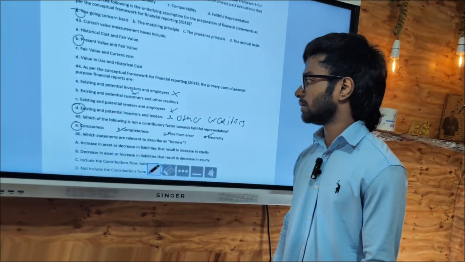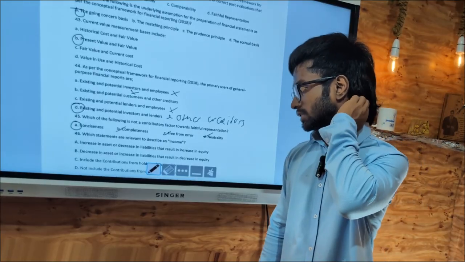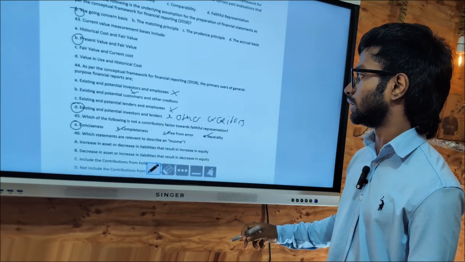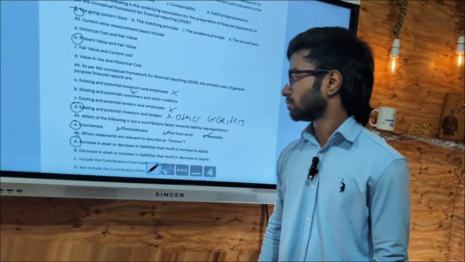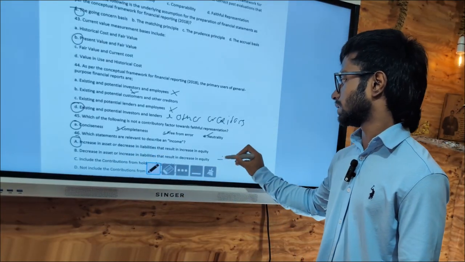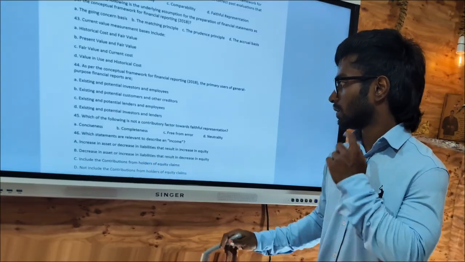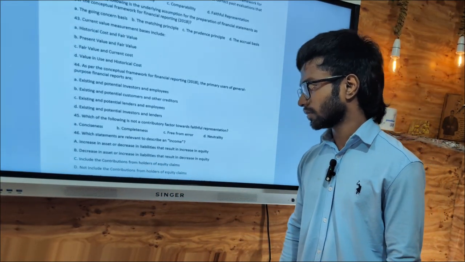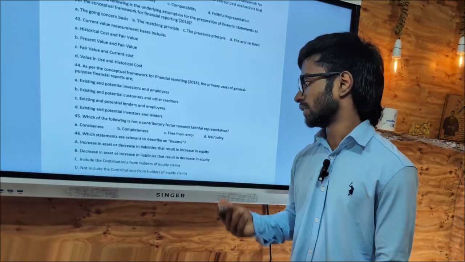Next you have which of the statements are relevant to describe an income. So income is an increase in asset, decrease in liability, which should lead to increase in equity. It should be answer number A. Other stuff are wrong. Here decrease in asset, increase in liability, that's an expense. Include contributions from holders of equity claims. Those are the elements that affect the equity.